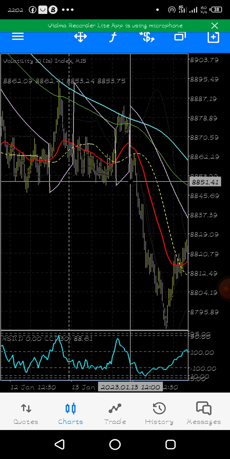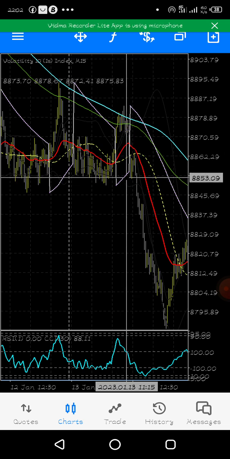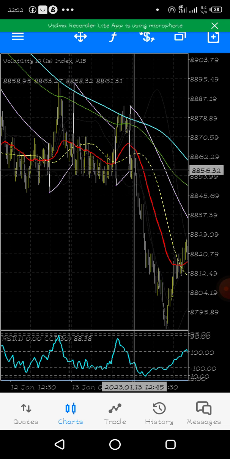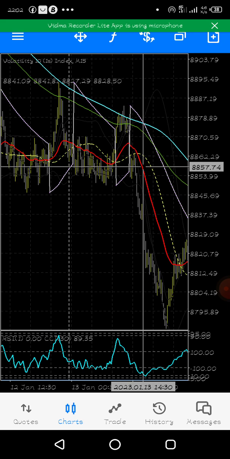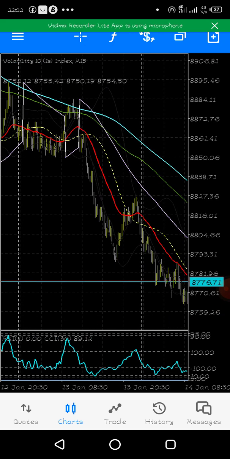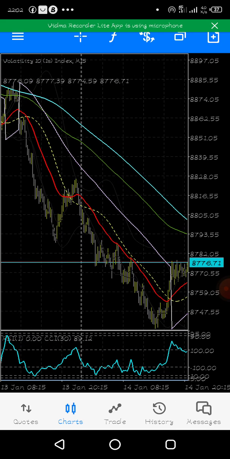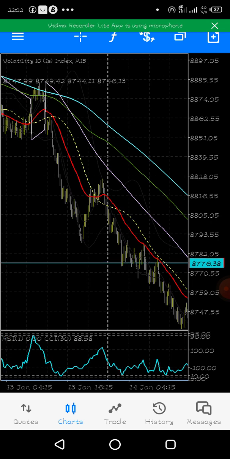Then the second confirmation is that we are also below minus 100, which is a good time to sell. So as you can see, we rode the trend all the way down to get here.